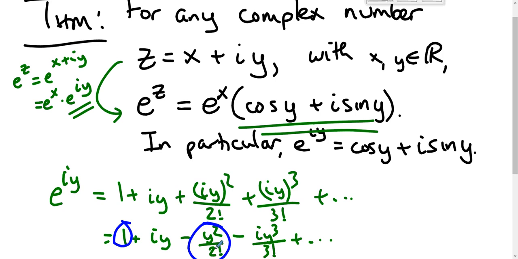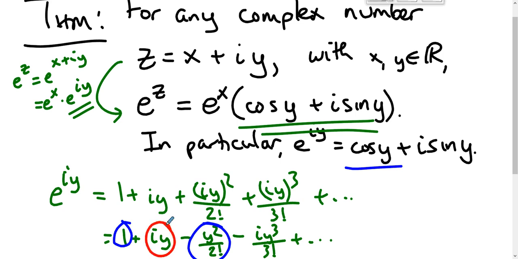It has no imaginary part. And you get 1 minus y squared over 2 factorial plus y to the 4th over 4 factorial minus y to the 6th over 6 factorial, and so on. That's cosine of y. That is the Taylor series from Calc 2 for the cosine of y.